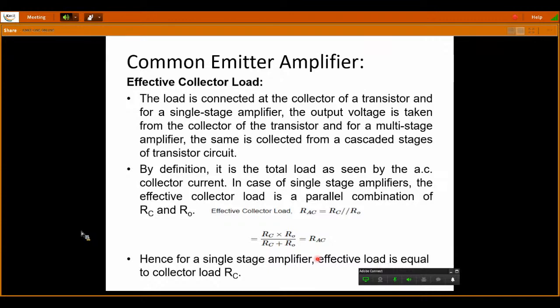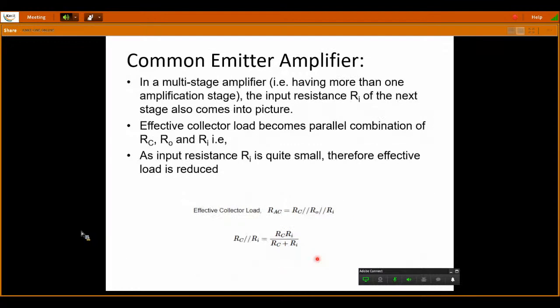So RC in parallel with R naught is approximately equal to the collector resistor RC. So the effective load resistor of the common emitter configuration is approximately equal to the collector resistor RC, since R naught is very low in a common emitter amplifier.